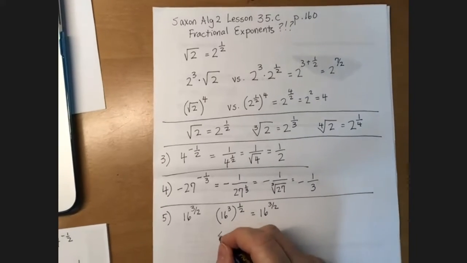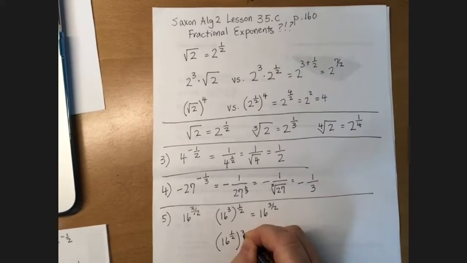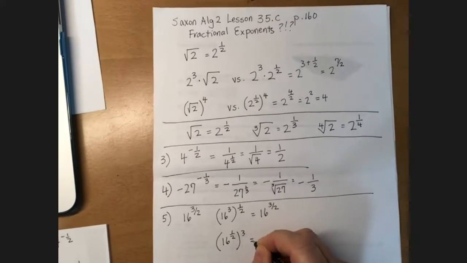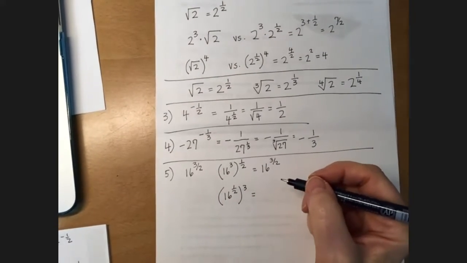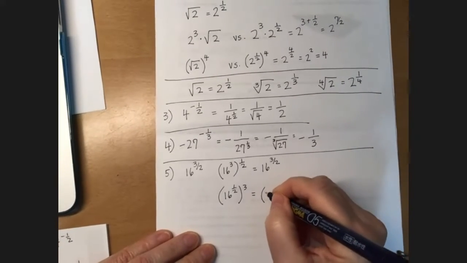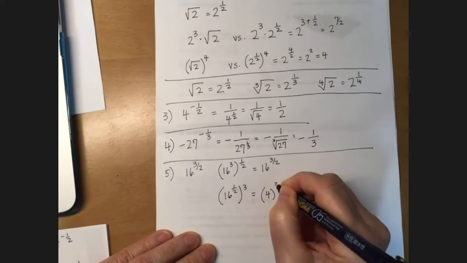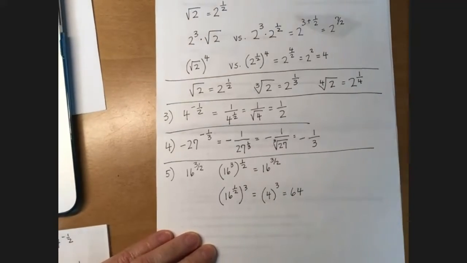Or we could do 16 to the 1/2 cubed. I like that one a lot more because I know what the square root of 16 is. It's 4. So this is the same as 4 cubed, which is 64.